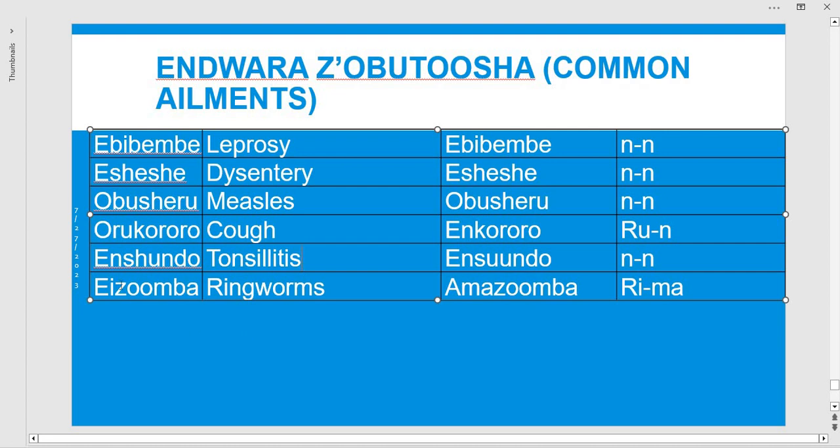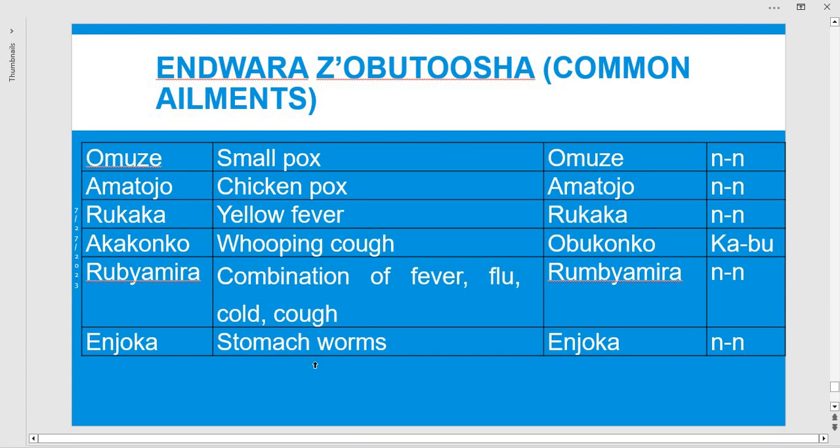Then we have izomba, that's ringworm. If there are many, they are called amazomba. Yeah, people have these diseases. Amazomba, it's a disease of the skin. If you know ringworms, that's called amazomba. Then we have omuze, that is smallpox.